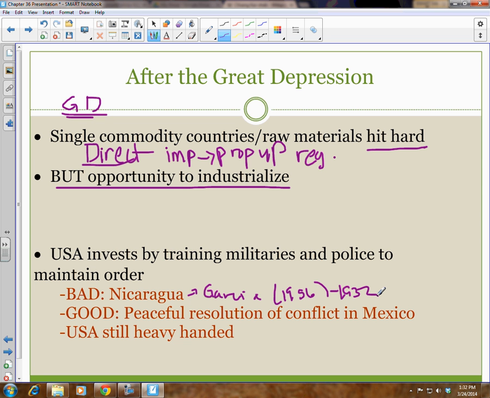Now, the reason that we supported this man was because the officer Cesar Sandino was fighting a war against us, against our imperialism, against our interests in that area, our business interests in the areas.